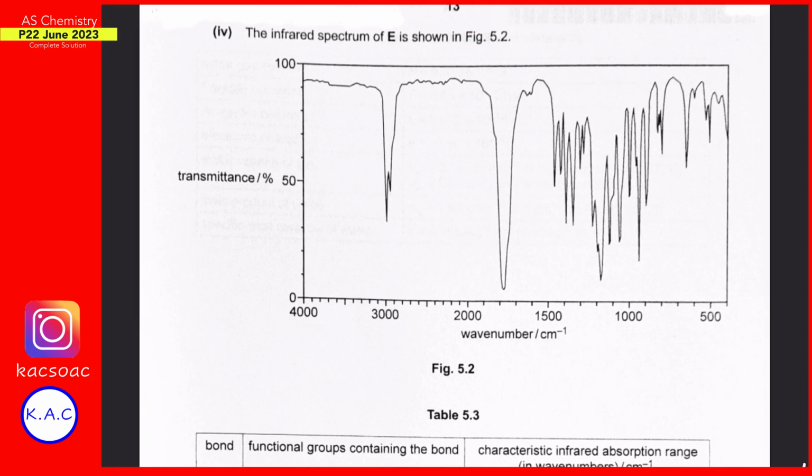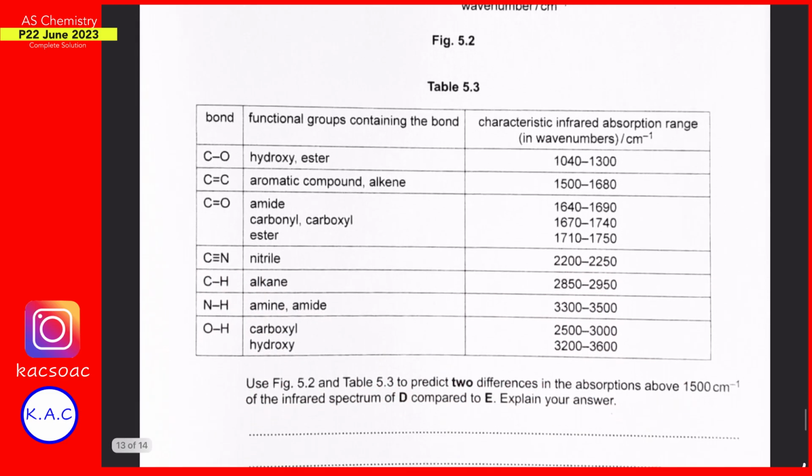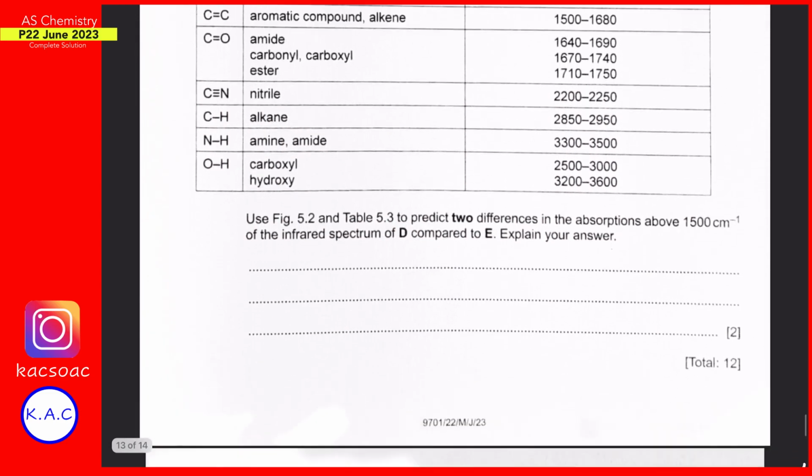Part 4, the IR spectrum of E is shown over here, and there are these major peaks. The table is given over here.